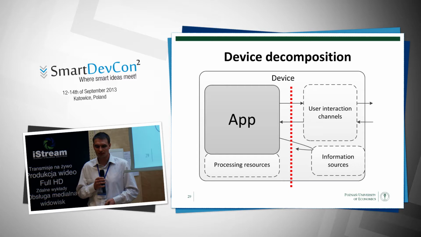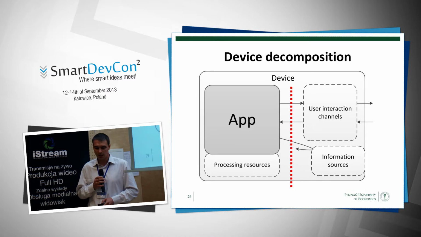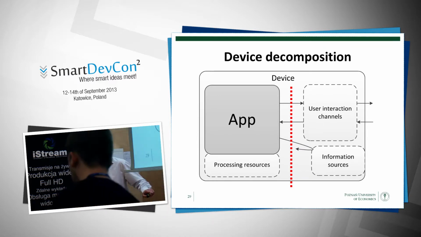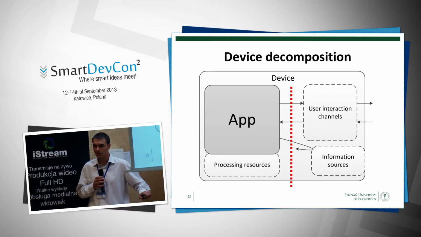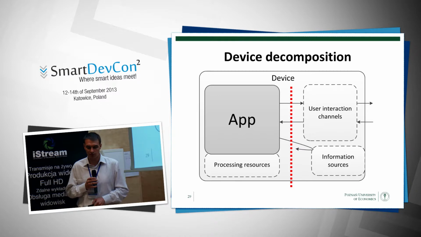So we can draw the line here. We can separate the device and actually take the application out of the device, execute it elsewhere, and just standardize the point for connecting to user interaction channels and using information sources.